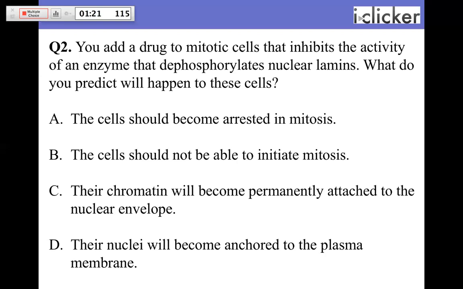All right, so let's think about what do we know about mitosis? What do we just describe about nuclear lamins?